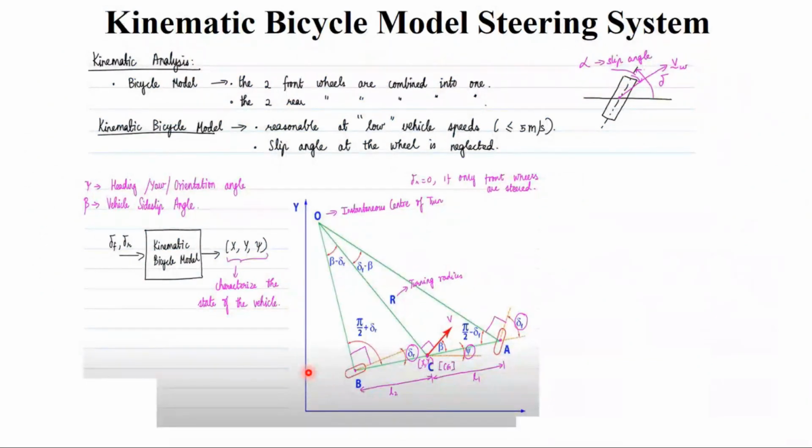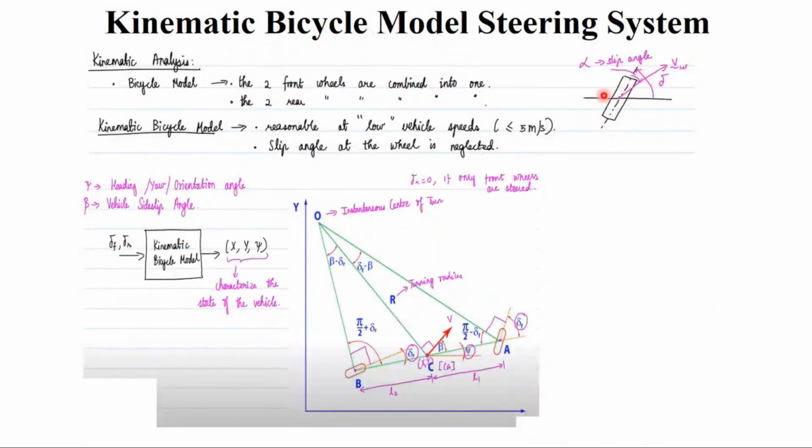Okay, let us see the interesting factor here. We have seen the kinematic model, the Ackermann steering mechanism, right? So we have seen alpha, D, beta, R. We have seen the L1, L2, overall length L. Now we are going to consider the kinematic bicycle model of a steering system.